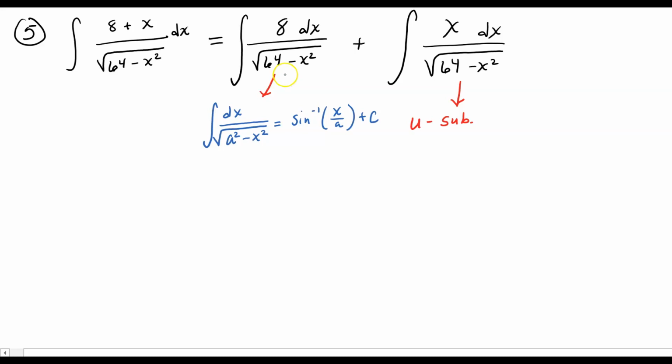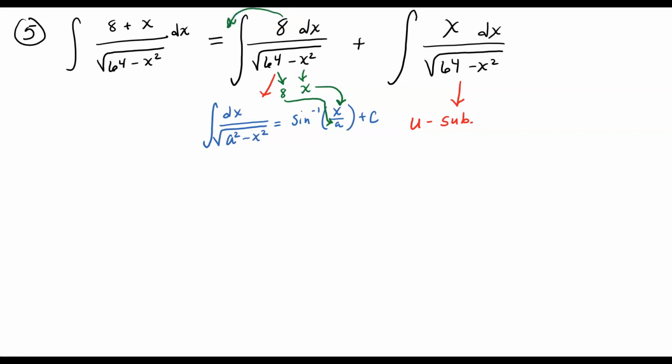This right here is a squared and that right there is x squared. So what is a in this case? 8. And what is the square root of x squared? It's just x. So we're going to use this information to plug in here and here in our formula. But the only thing we have to remember is that this 8 needs to get migrated across.